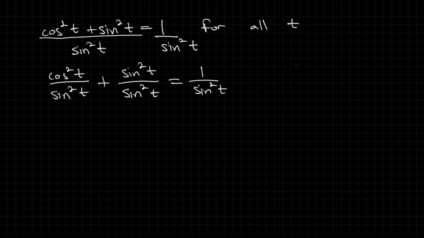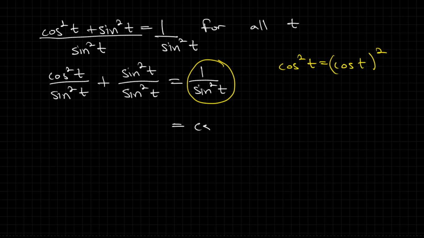Do remember that when we write cosine squared t or something of that nature, that's the same as cosine of t all squared. Also remember, 1 over sine t, that's cosecant of t. And so this right-hand side is going to be cosecant squared of t. Sine squared t over sine squared t is 1, so plus 1.